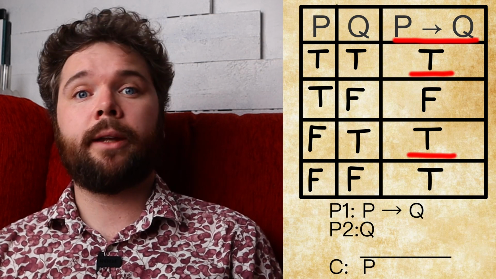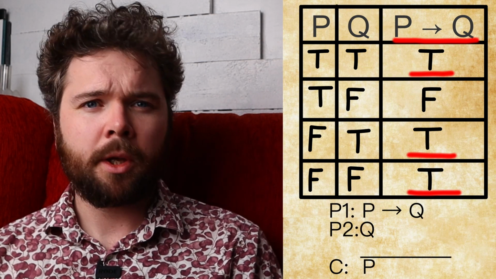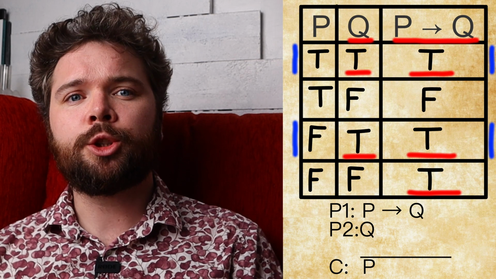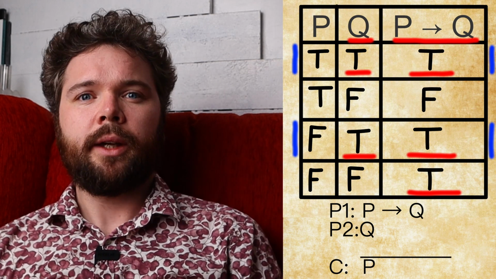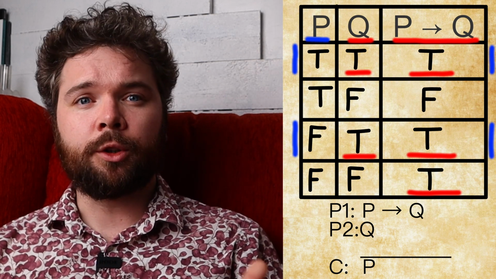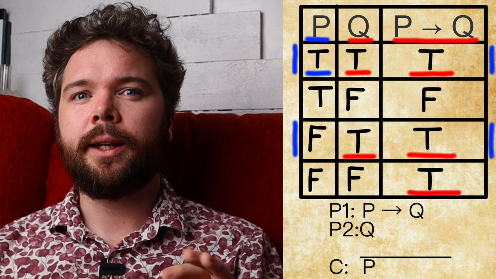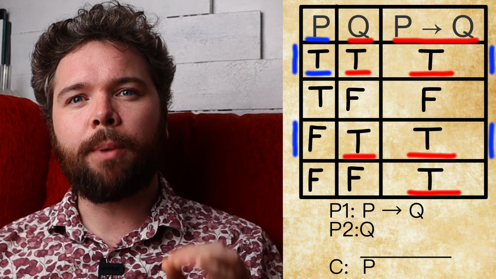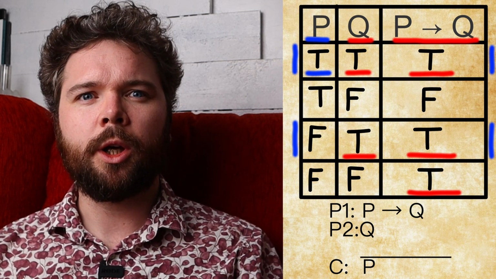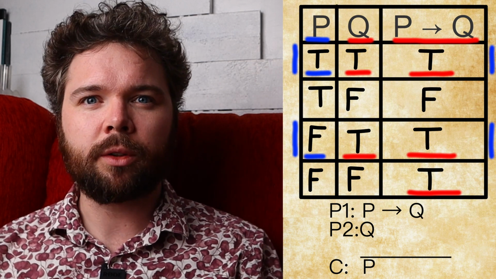Our first premise is true here, here, and here, just like before. But then the second premise is true here and here. So we need to look at these 2 rows here. Here in scenario 1, the conclusion together with the premises are true. So far so good. But here in scenario 3, both the premises are true, but the conclusion is false.